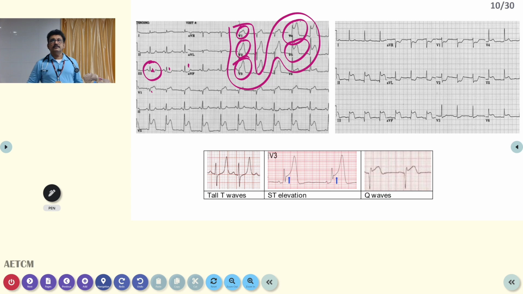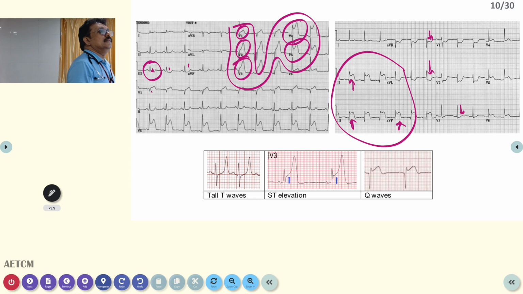That is a reciprocal change, because in anterior wall myocardial infarction, most of the time you get reciprocal changes. Whereas in this ECG, you are seeing ST segment elevation in lead 2, lead 3 and AVF, and some reciprocal changes in V1, V2 and V3. So here it is inferior wall myocardial infarction. These are reciprocal changes. Okay.